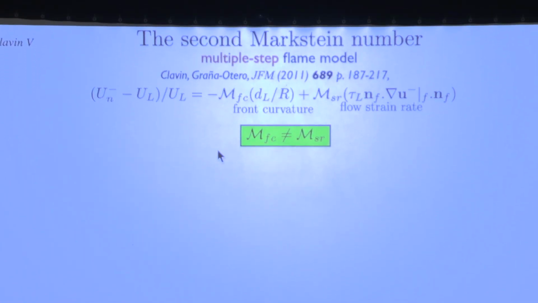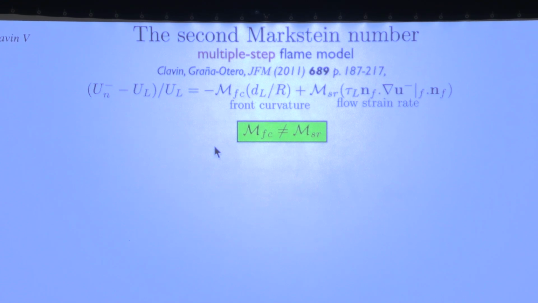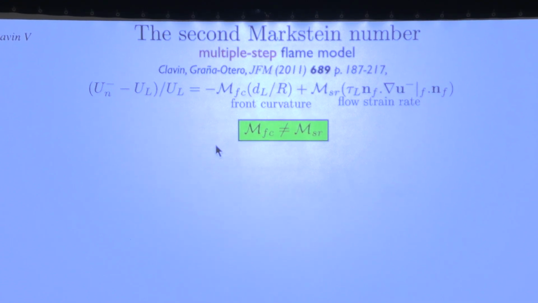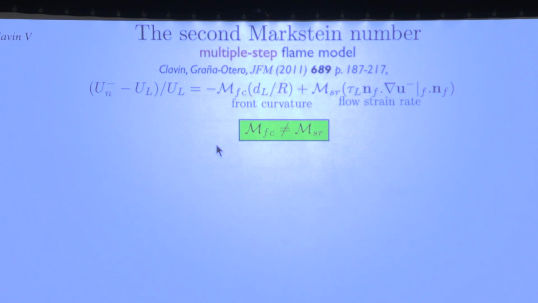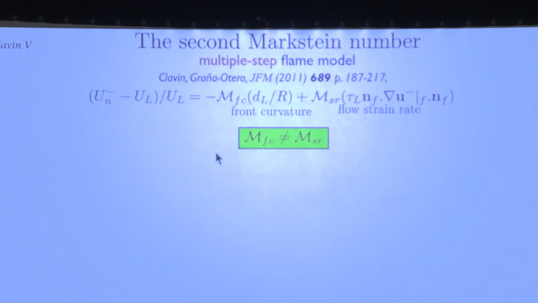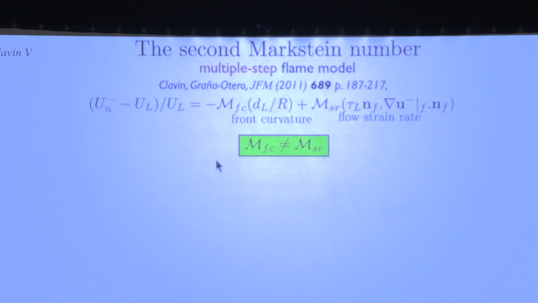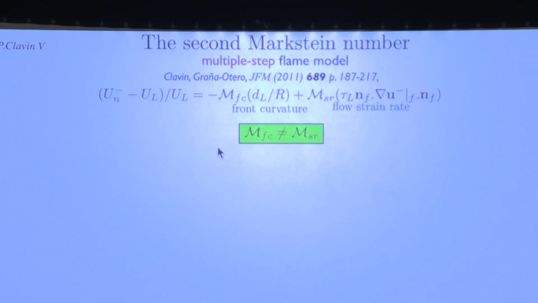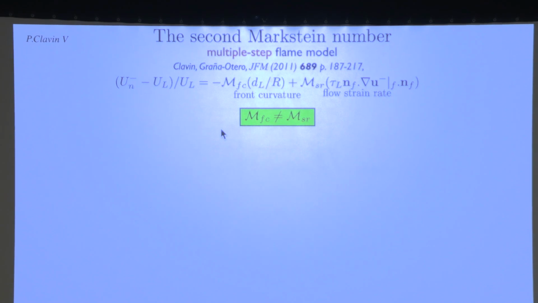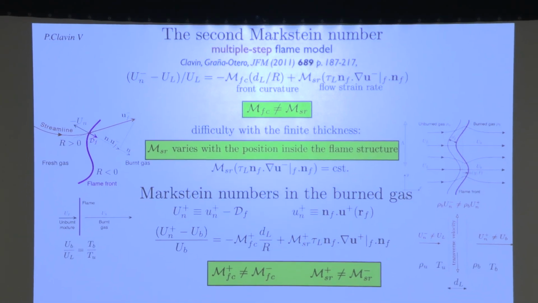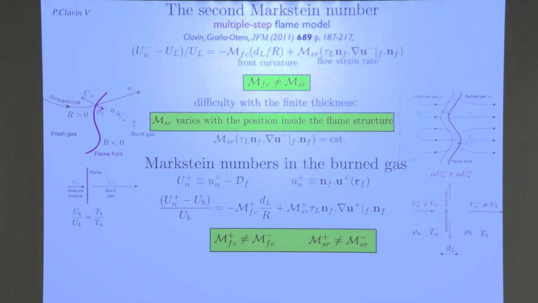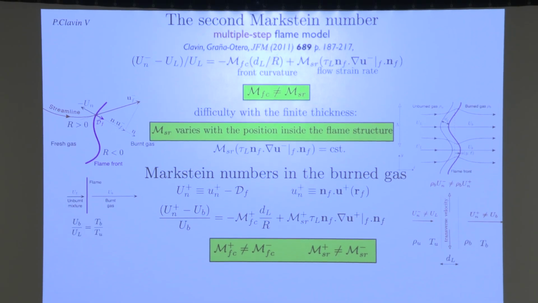As soon as you have two steps, as I did now, you have two Markstein numbers. In fact, this was proved in numerics and experiments, I don't remember the name, in England, at about the same time. But now, when you discuss with people in combustion, they forgot that. And in fact, it turns out that you may have a large difference between these two numbers.